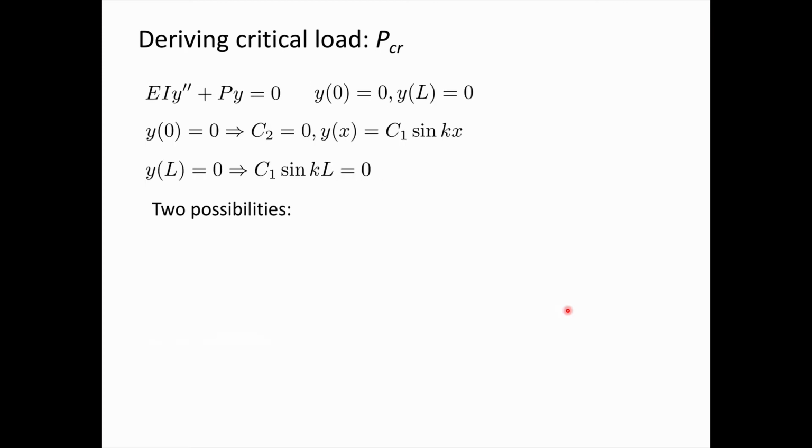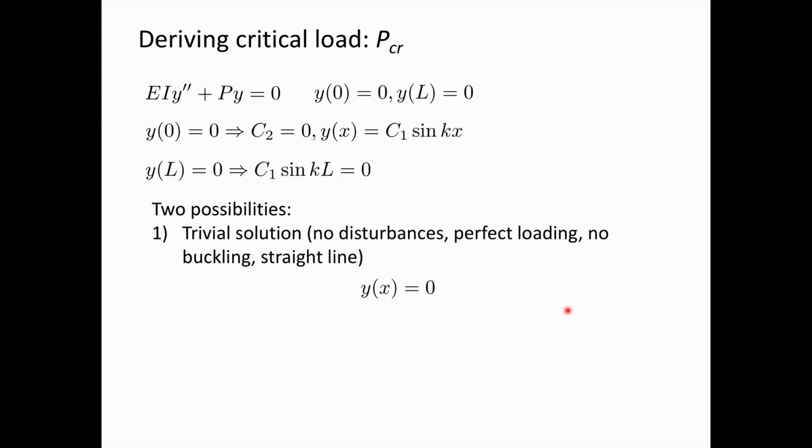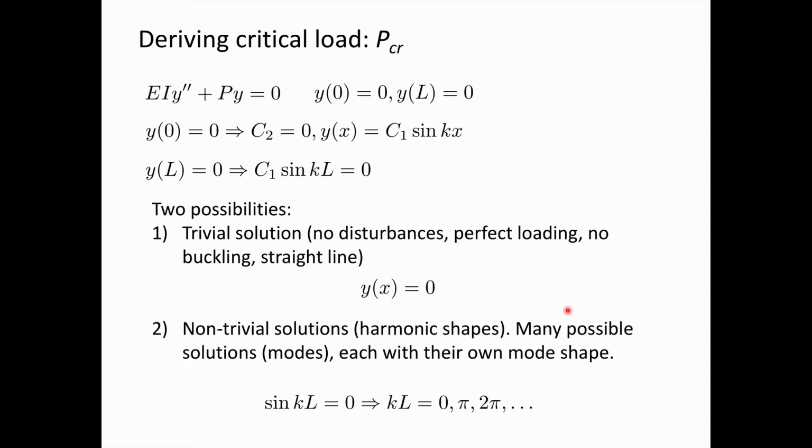So there are these two possibilities: this trivial solution, or we have the straight line with no buckling. That's the perfect loading, perfect geometry case. What we're interested in are the non-trivial solutions where we have these harmonic shapes that result. And there's an infinite number of different possible solutions. Each one of these is a different mode, each with their own mode shape.